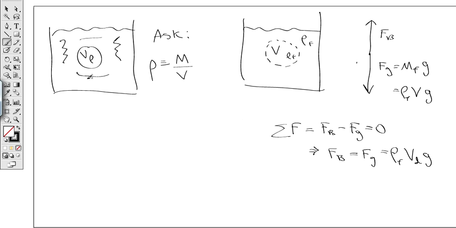Coming back then to this scenario, we look at the forces that are acting on this object.